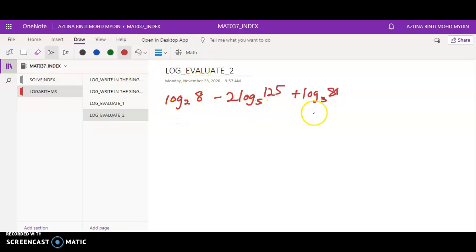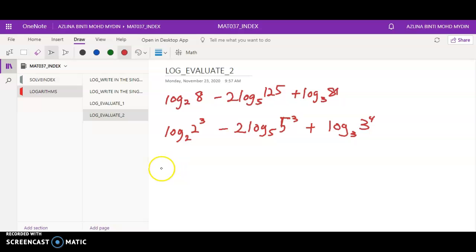I can see all the log bases are not the same, so what I can do is arrange them to be in the same base. 8 is 2 to the power of 3, 125 is 5 to the power of 3, and 81 is 3 to the power of 4.